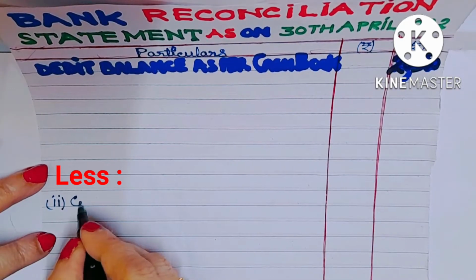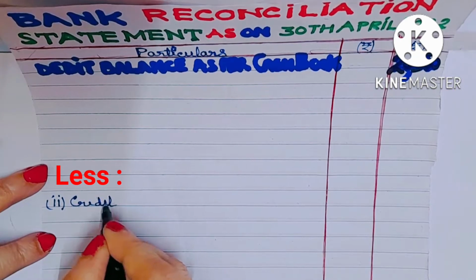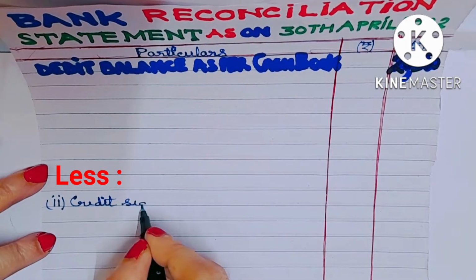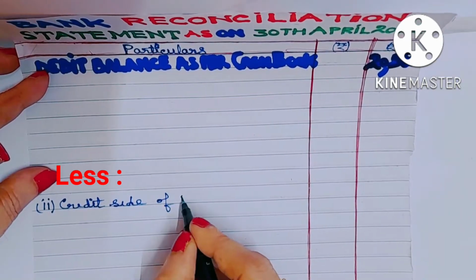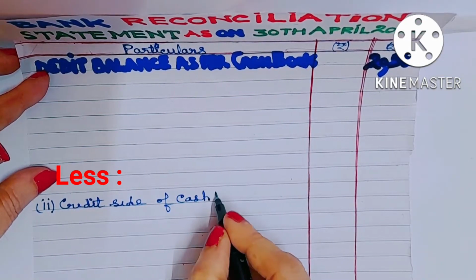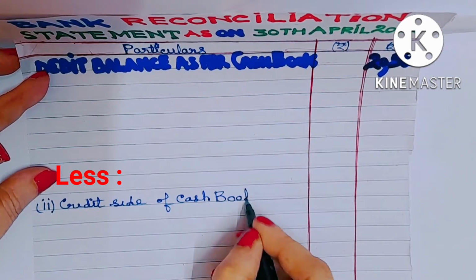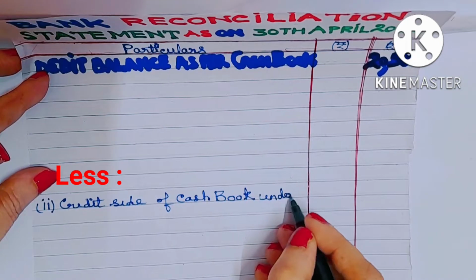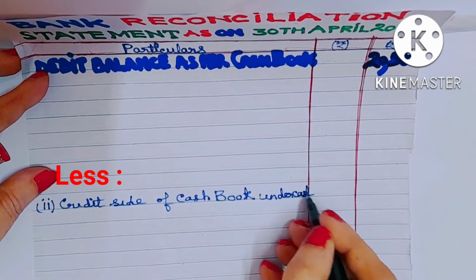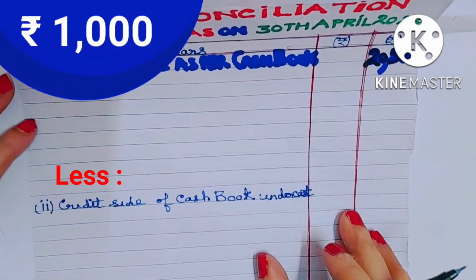So let's write number 2. Credit side of cash book, credit side of cash book, undercast. How much? 1000.